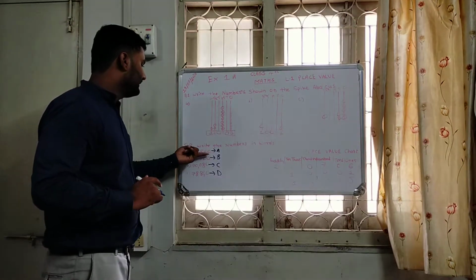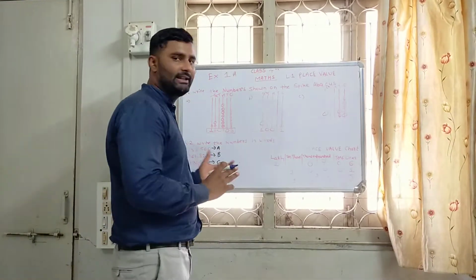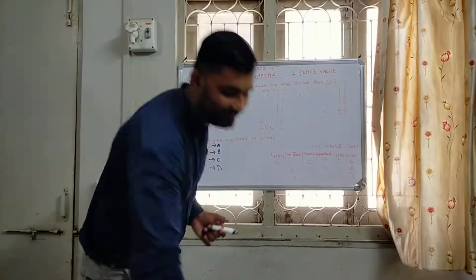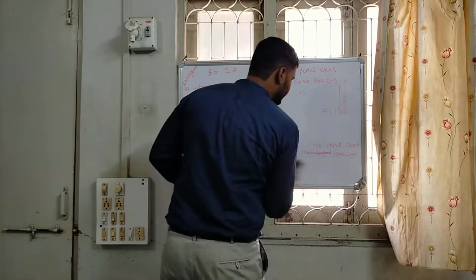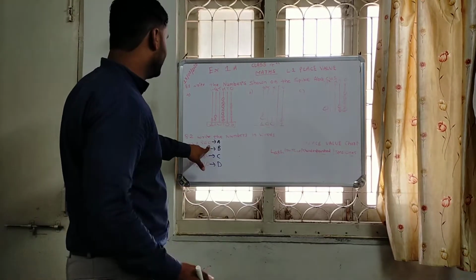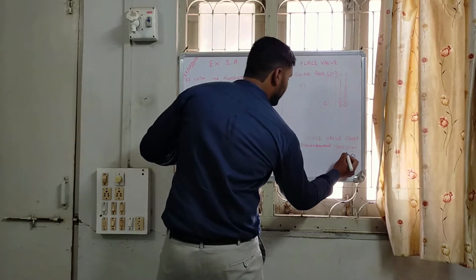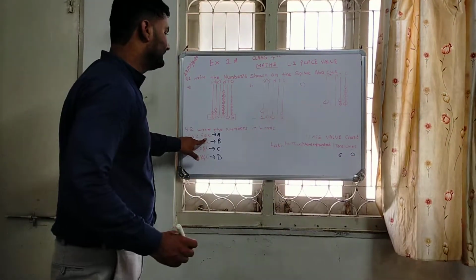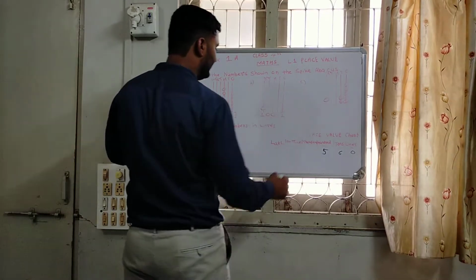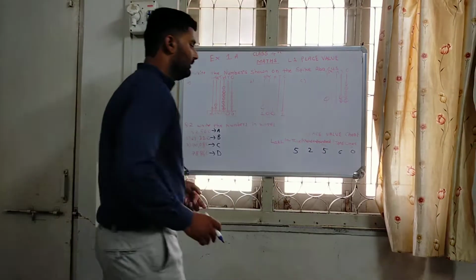So separate them in the place value chart, and after that read the numbers, and after that we are able to write the numbers in the form of words. Put the extreme rightmost number, which is the ones value, that is 0. The value of 6 is tens value, the value of 5 is hundreds value, the value of 2 is thousands value, and the value of 5 is ten-thousands value.